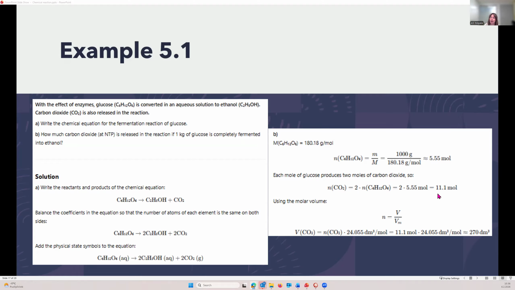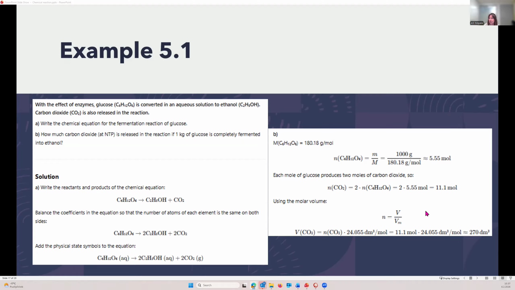And then we could calculate the mass, or if we want to know the volume, we can use the molar volume of an ideal gas. So the amount of substance is also, for gases, volume divided by the volume that 1 mole of ideal gas needs.